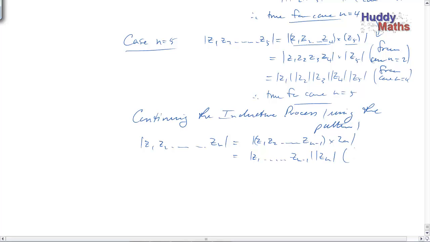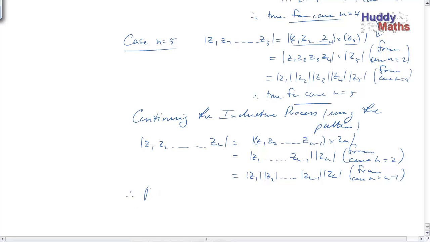Okay, again from the initial case, case n equals 2, splitting into 2. And then this one up to Zn take 1 from the previous case, case n equals n take 1.